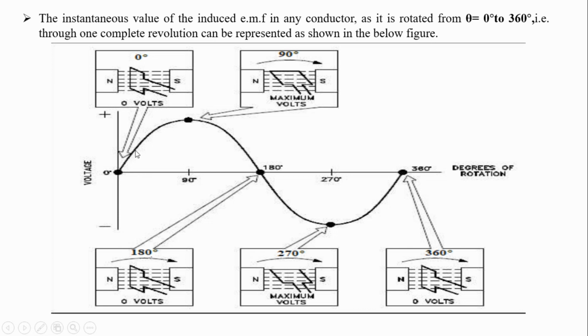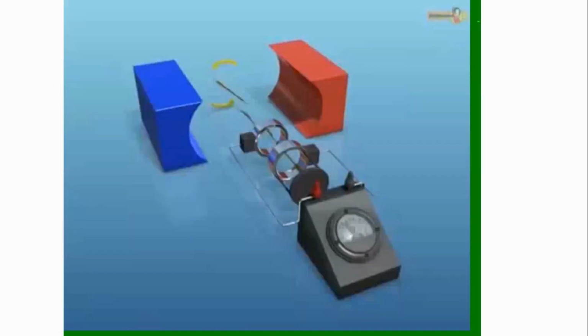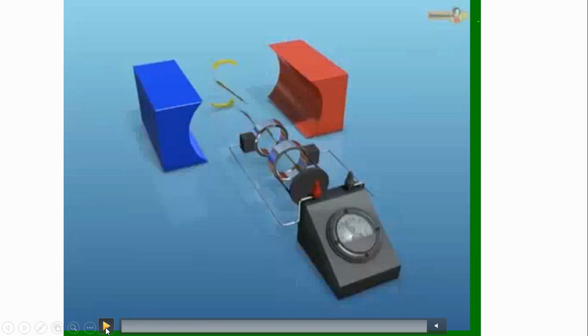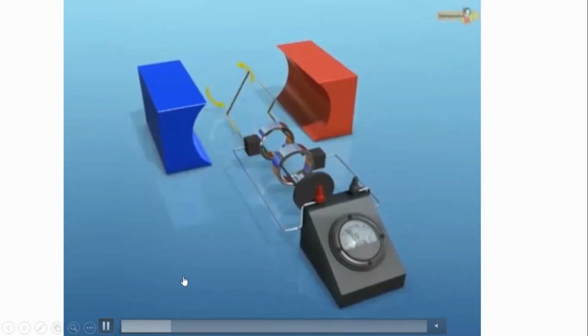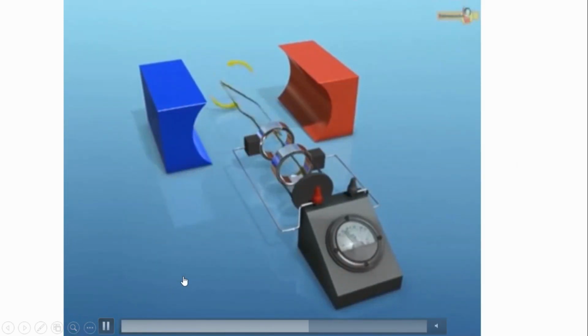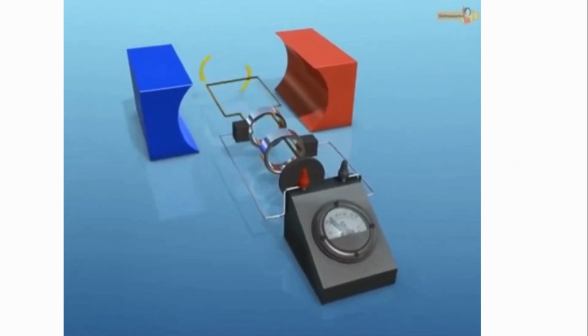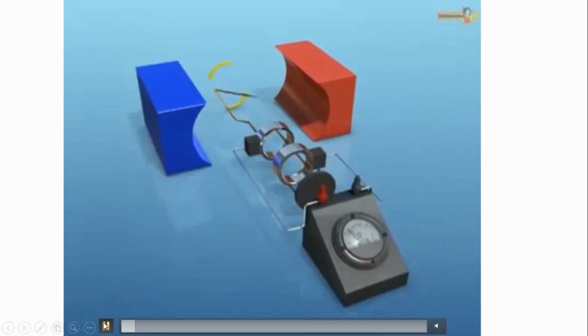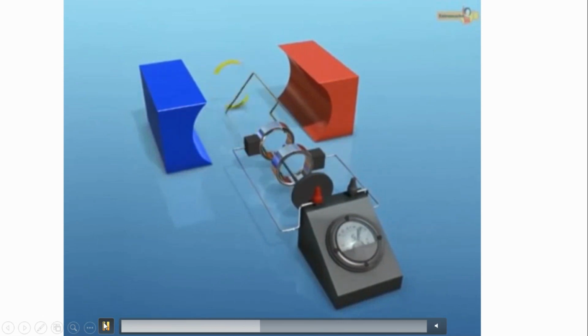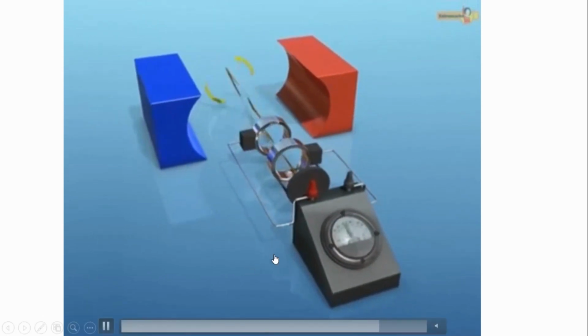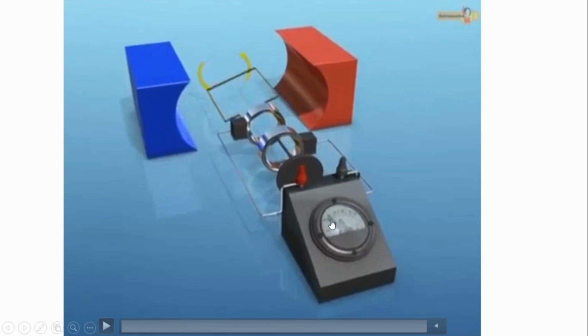So now we have got an alternating waveform. Instead of resistor R, I am placing a galvanometer. So we can see positive deflection as well as negative deflection.